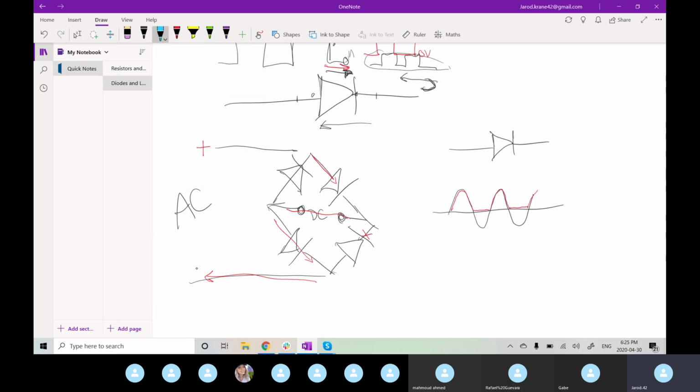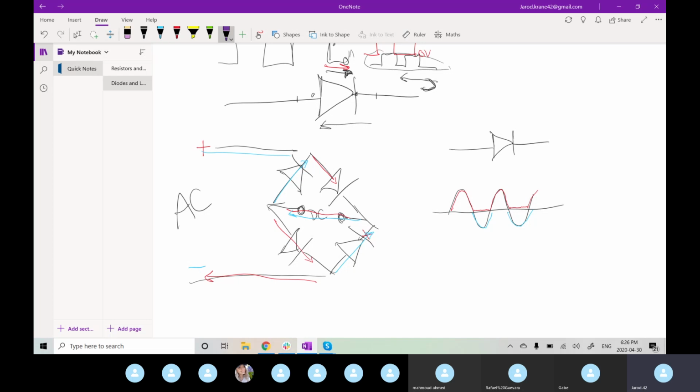And then on the negative cycle, which is the negative sine wave, current will come flowing through, and again across in the same direction, and complete its path.